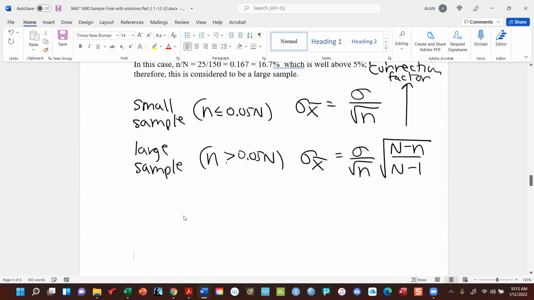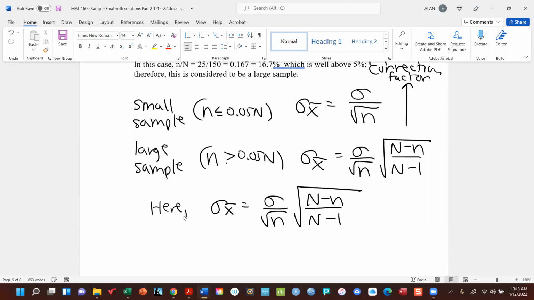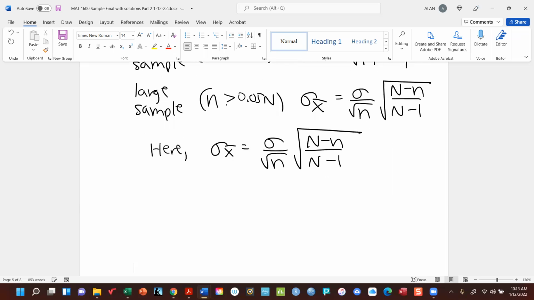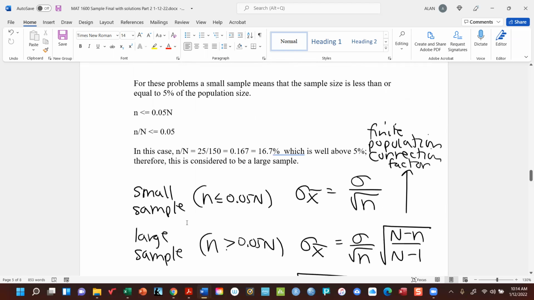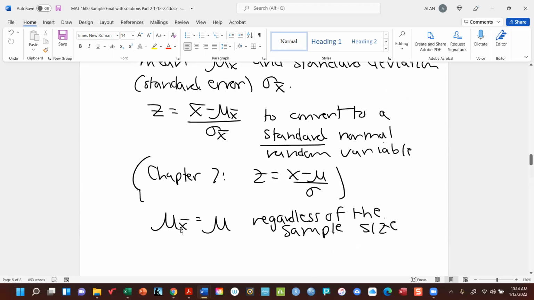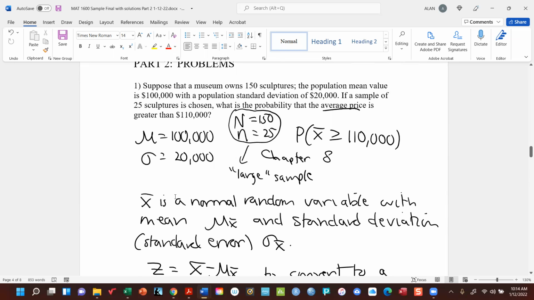So in this case, we're going to use the second version because we know that it's a large sample. It's quite large, as a matter of fact. All right, so let's start plugging in some numbers. So mu X bar equals mu, which you recall is from way back here, $100,000.